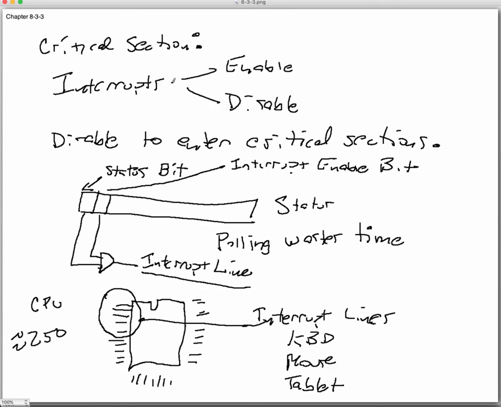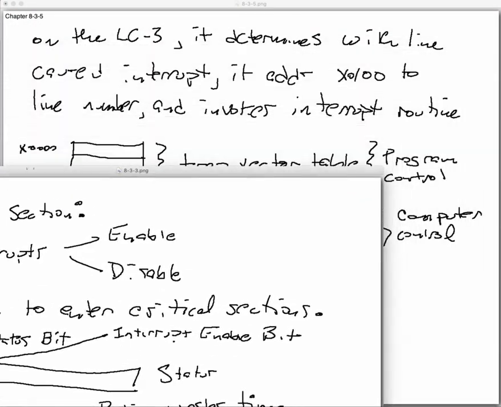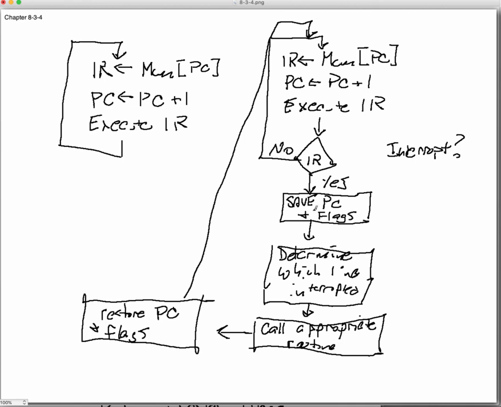We said that when an interrupt occurs, and I'm looking for my other drawing here, right here. This is a very key point, where it says determine which line interrupted.